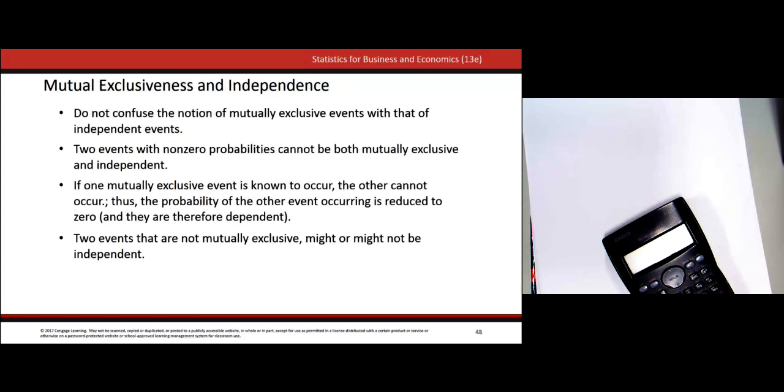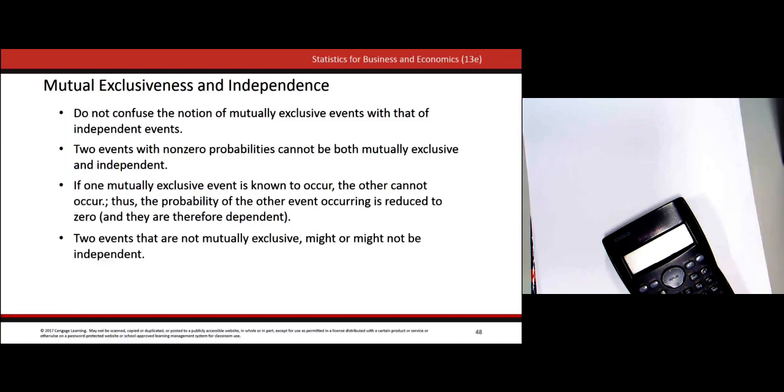So now it is important to know the difference between independent and mutually exclusive events. Mutually exclusive events don't have any common sample points. So their intersection is zero. They cannot happen at the same time. So two events with non-zero probabilities cannot be both mutually exclusive and independent.